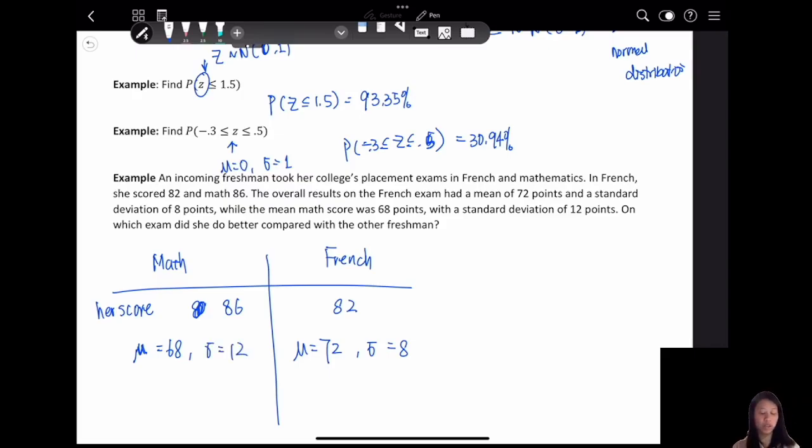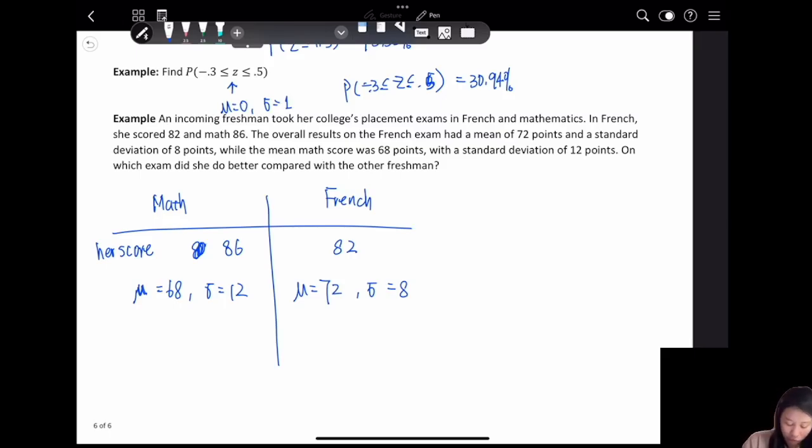On which exam did she do better compared with the other freshmen? Doing better means how far off she is from the center, so we can use our z-score, (x minus mu) over sigma.